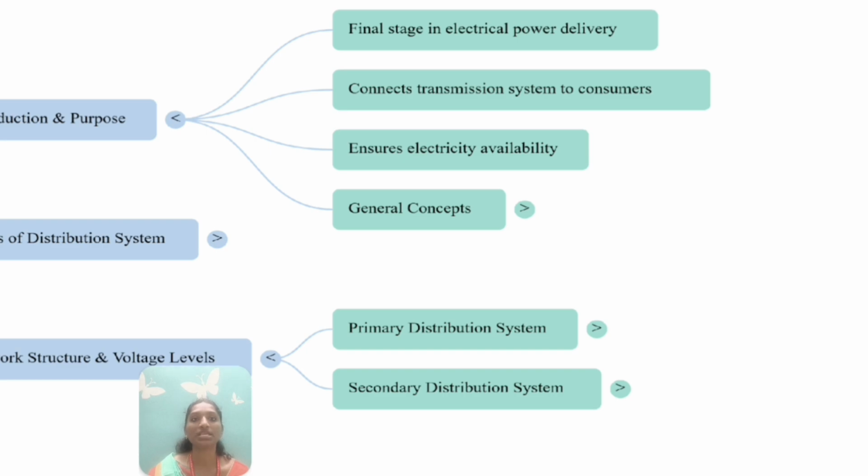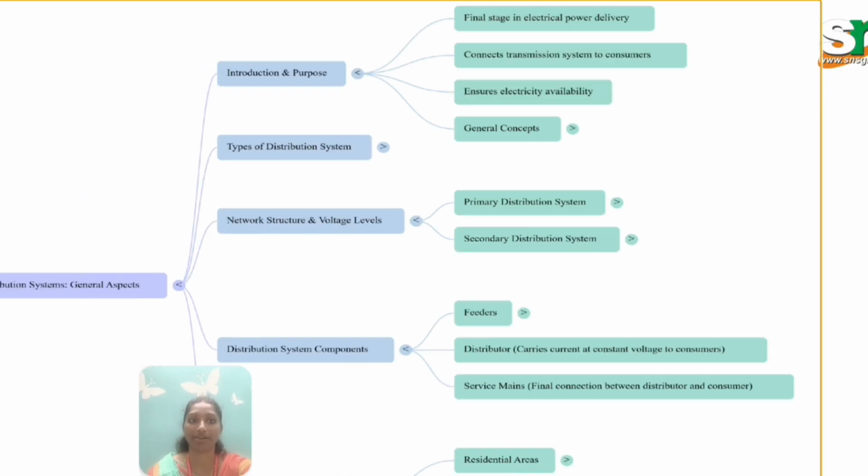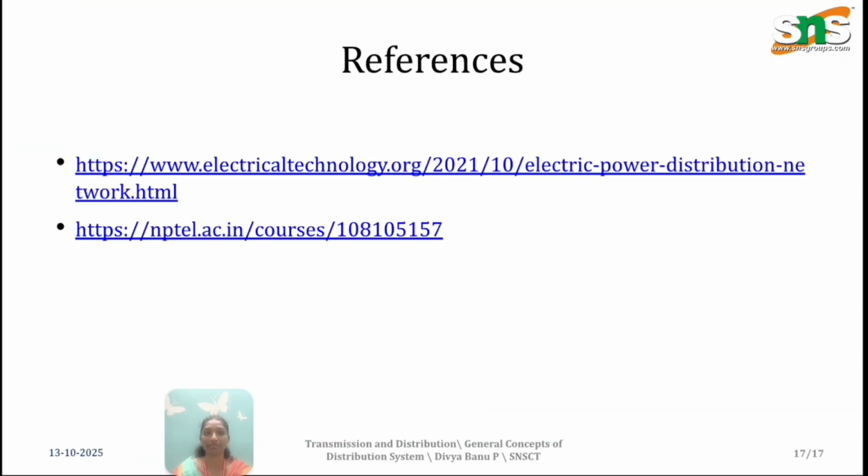Introduction and purpose: the distribution part is the final stage in electric power delivery, it connects the transmission system to the consumers, and it ensures electricity availability. Then we covered the primary and secondary distribution systems, and the feeders. The main applications of distribution systems are residential areas and industrial applications. And here we have some references.